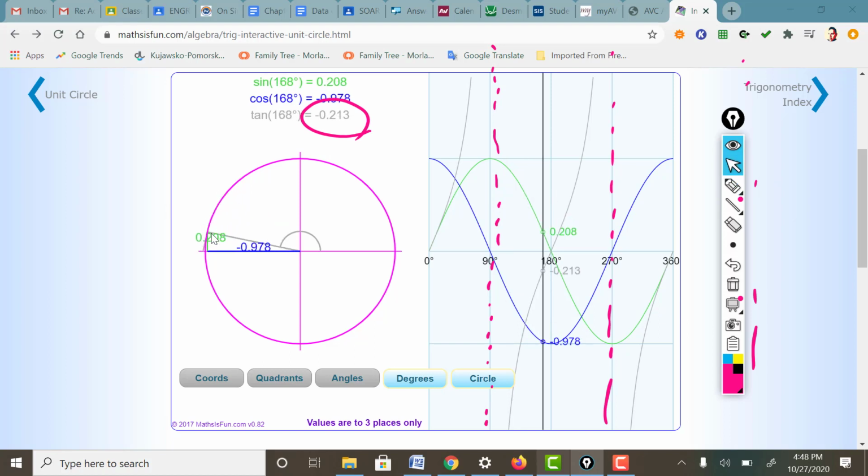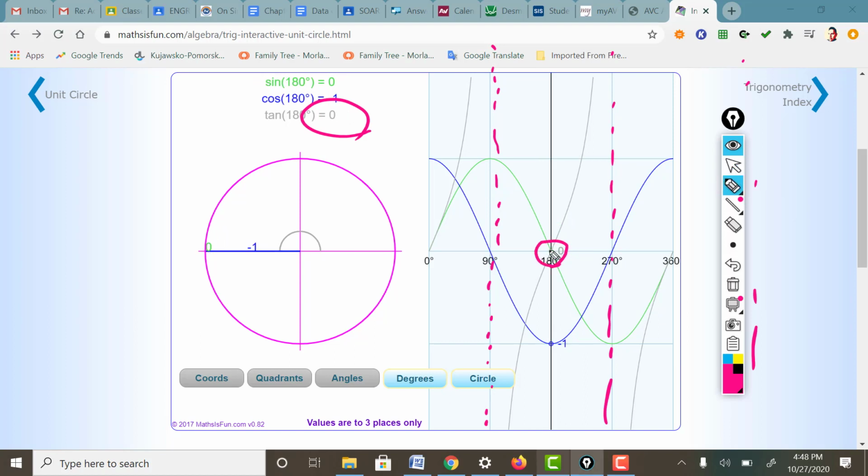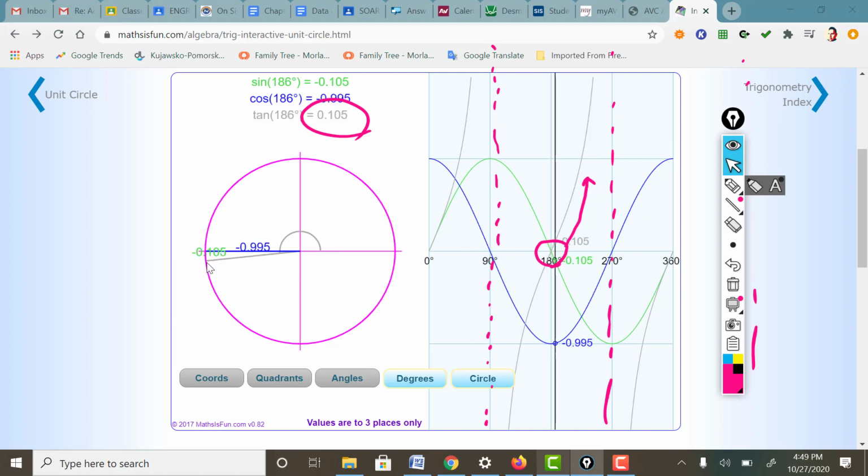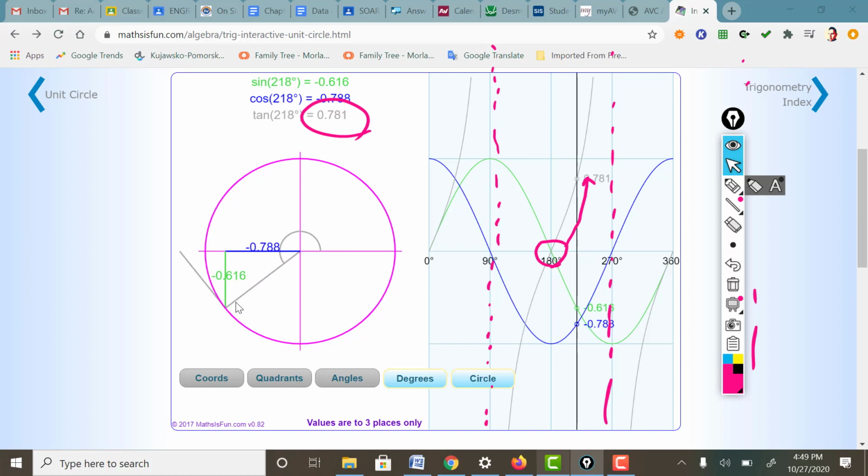Then we get to a point where the ratio of these two is going to give you 0. And that corresponds to this point right here, right? It's going to go ahead and start climbing up as these numbers increase. And you see it's climbing up.